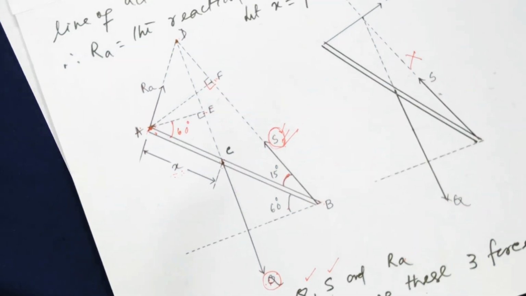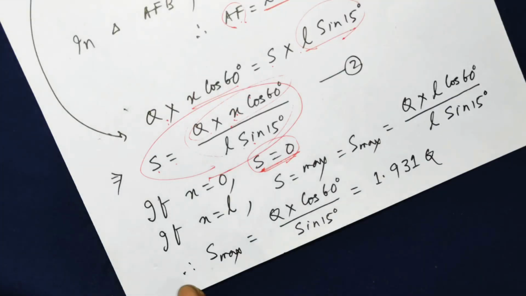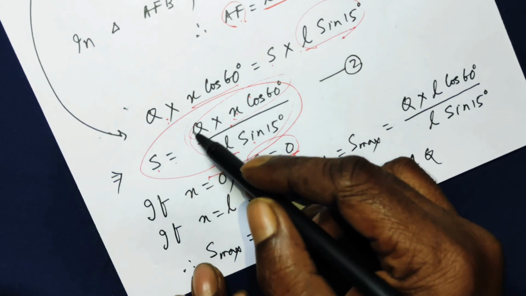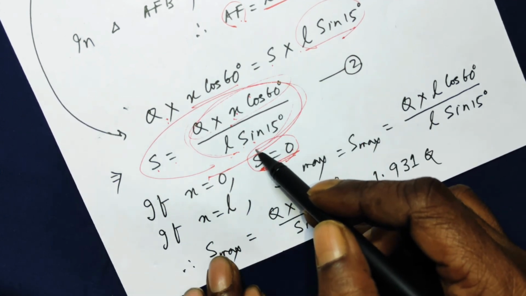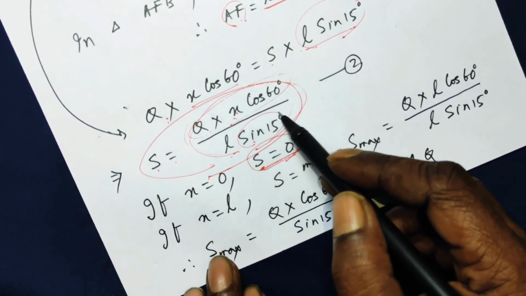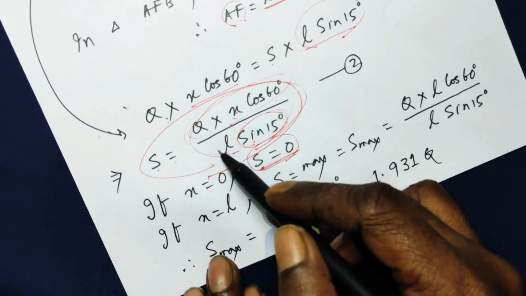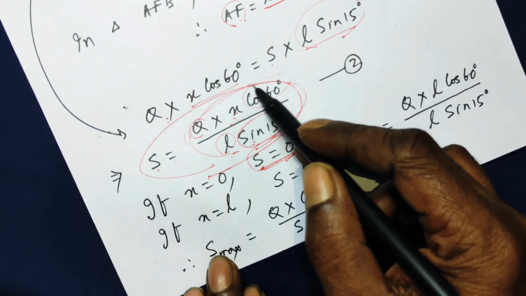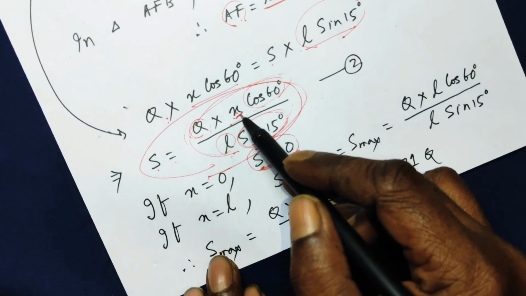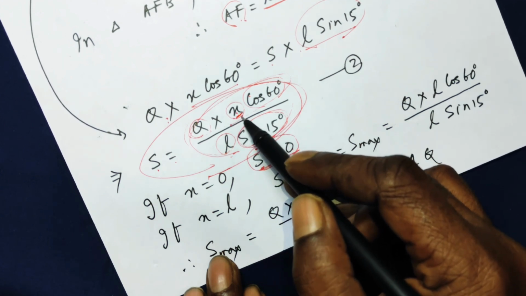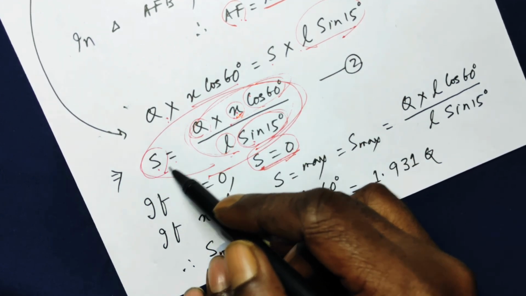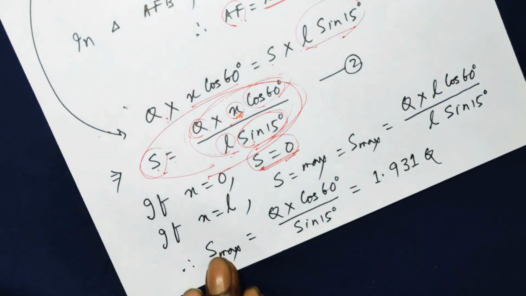But we are required to find the maximum value of S. So if you look at this, it is a fraction. So this is a constant, this is a constant, this is a constant, this is a constant, and X is in the numerator. So if X is maximum, then S will be maximum.